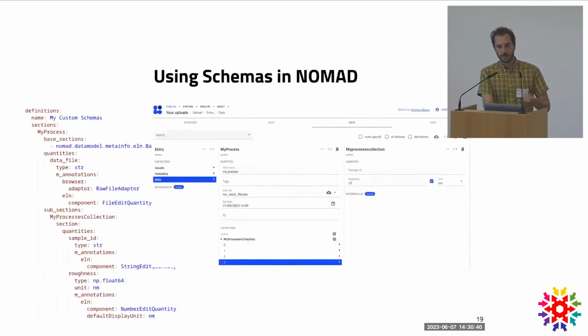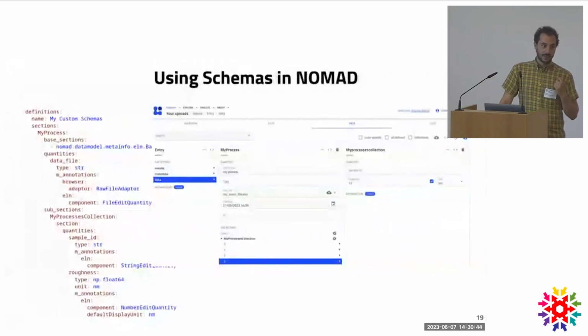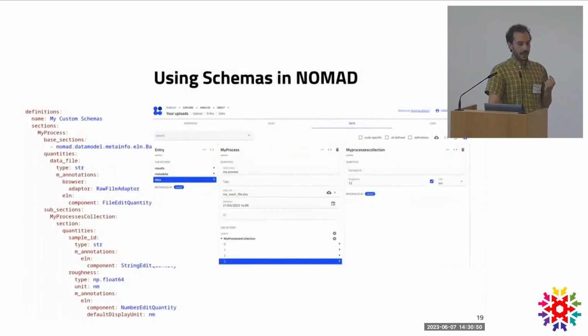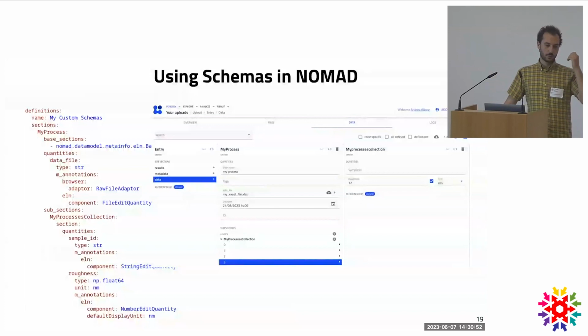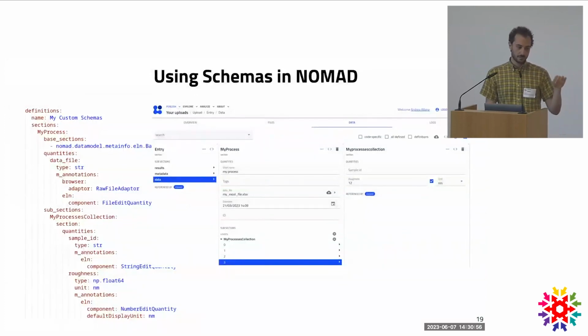The tool that we are developing is, as stated in the title, this ELN feature that is now living within NOMAD. It allows us simply to write a YAML file describing our structure, and then drop this file into an upload in NOMAD.